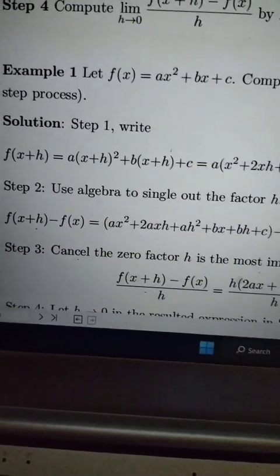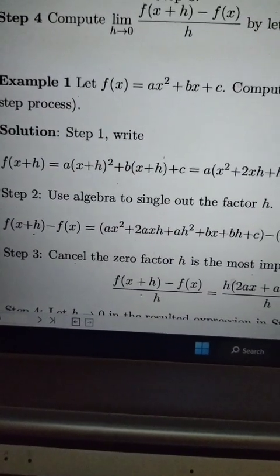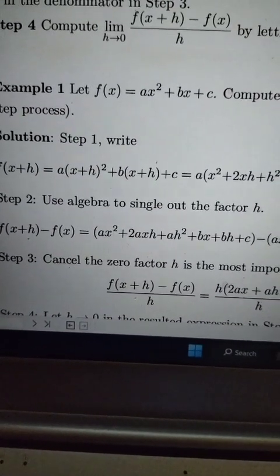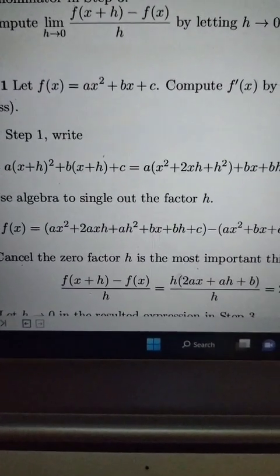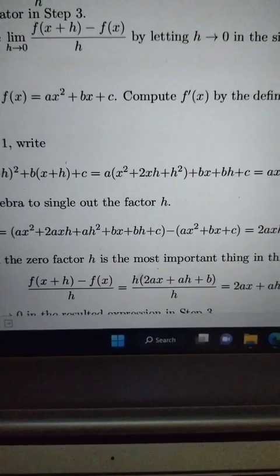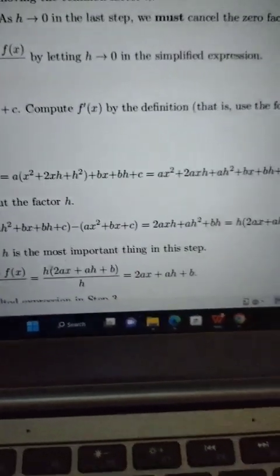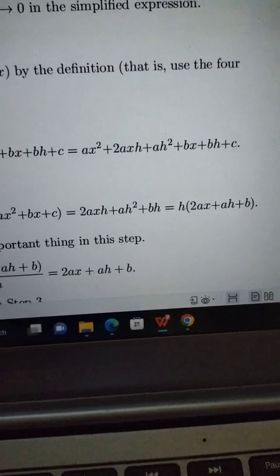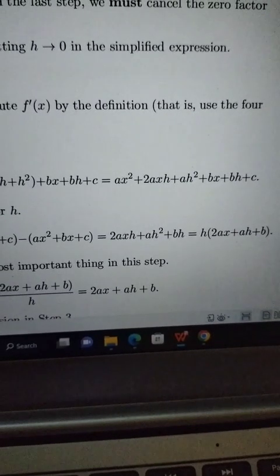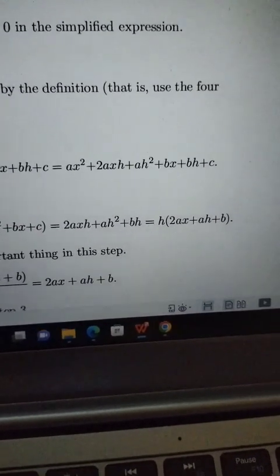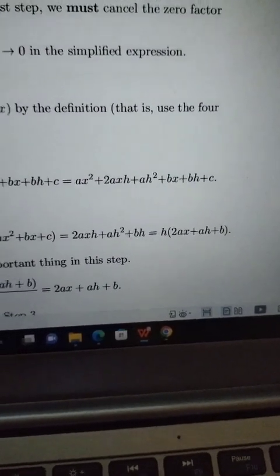Step 2, f(x + h) minus f(x) equals ax squared plus 2axh plus ah squared plus bx plus bh plus c minus (ax squared plus bx plus c), equals 2axh plus ah squared plus bh, equals h(2ax plus ah plus b).